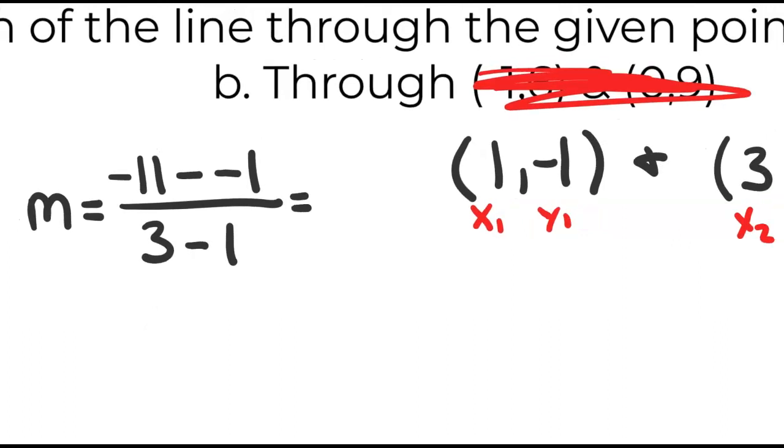So we're doing our numerator first, -11 minus -1. Subtracting a negative is the same thing as what? Addition. So I say this turns into what we call a chunky plus, because if you connect the two, make it a plus sign. So our chunky plus. So we're taking -11 plus 1, which is -10. We take 3 minus 1, which is 2.